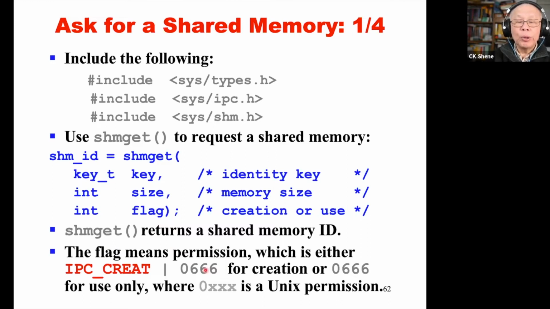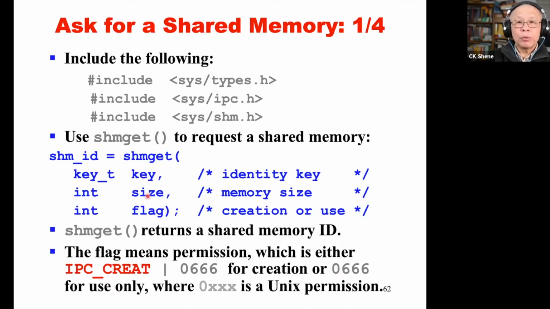And for you, a process that just wants to use it, then remove this part. That is, remove IPC_CREAT and the vertical bar, and just use 0666.